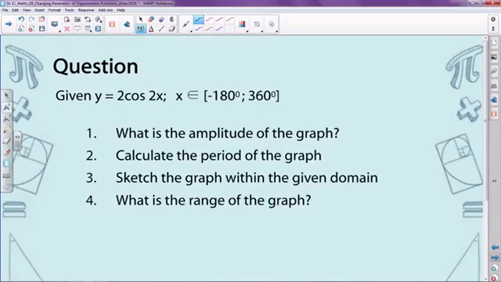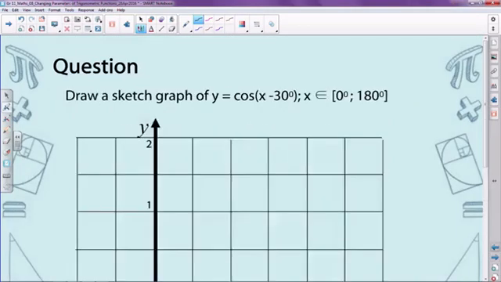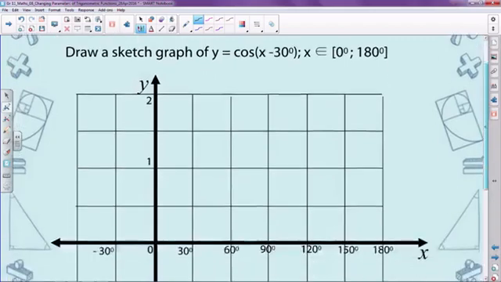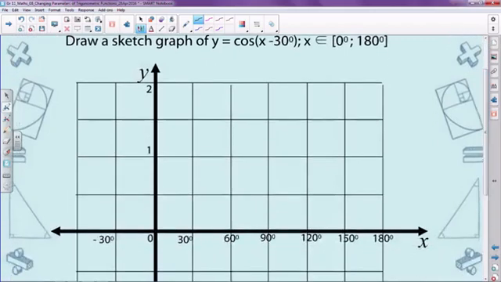Just need to check if I have the table. So guys, take this graph and work from the parent function y equals cos x. And then you confirm with your calculator when you have your table, starting from 0 to 180, and I have given you the interval of 30 in between.